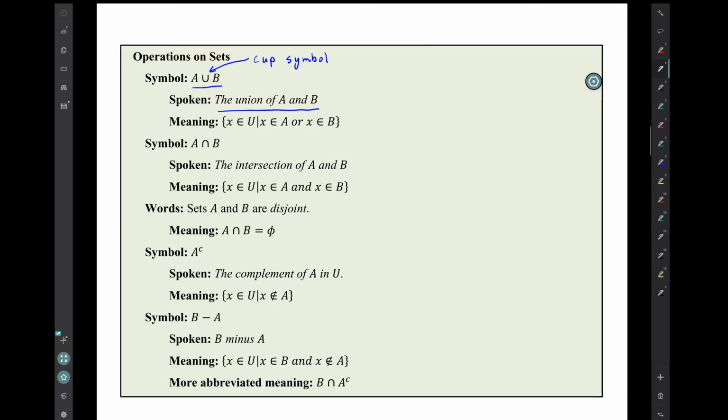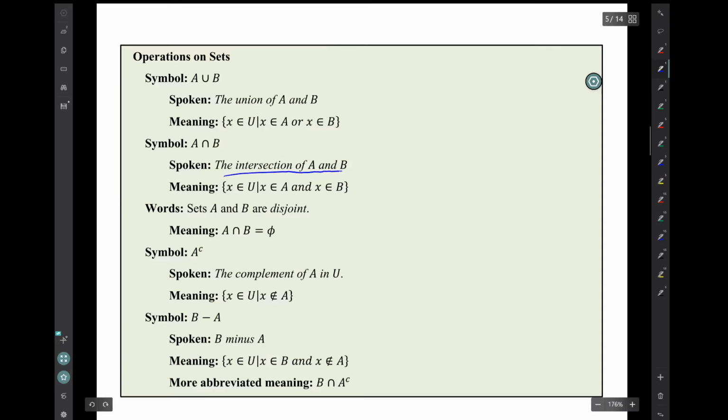So this typeset collection of symbols could be spoken A cup B, but it's A union B is what we'll refer to it by in talking about sets. The meaning of that symbol is this. This symbol stands for a set, the set of all x's in the universal set such that x is in A or x is in B.